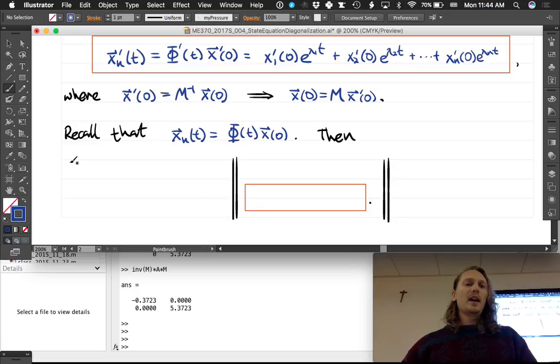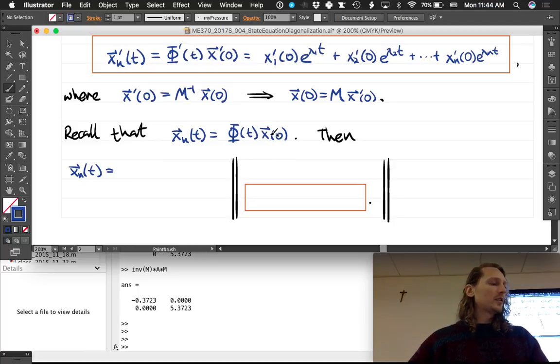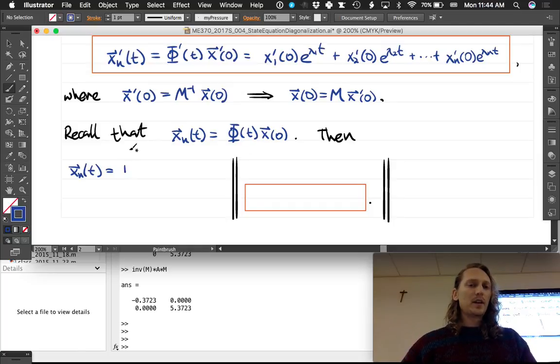So if we say x homogeneous of t is equal to, using this, if we transformed our initial condition first, let's do that. So we'll use our phi of t times, and then I'm going to use this expression right here.